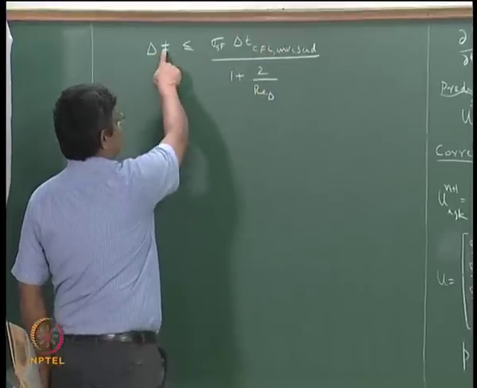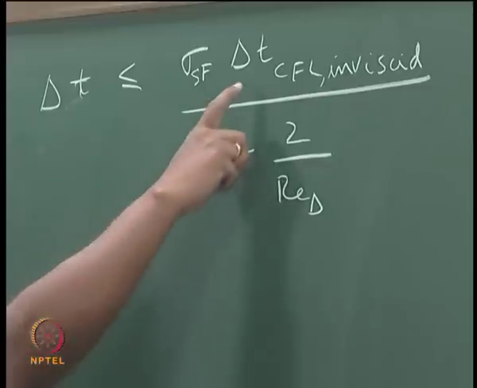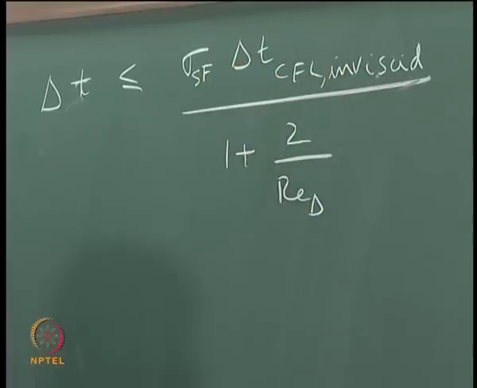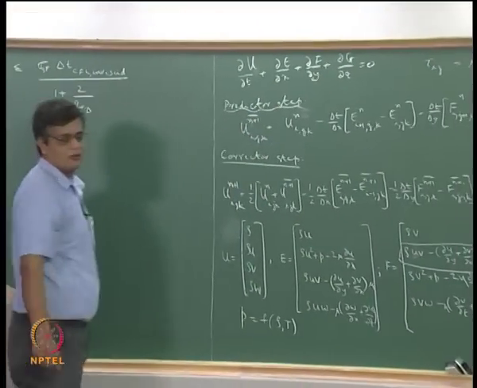So the overall stability, that is the maximum delta t that you can have here, is obviously very closely linked to the inviscid flow, in which case the viscous stresses do not come into the picture, and it becomes a hyperbolic system.